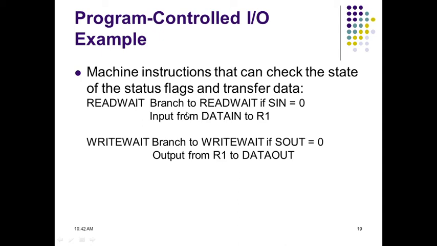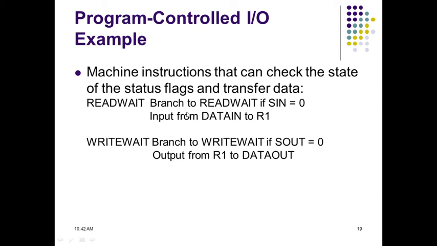So a branch operation is implemented by two machine instructions. The first instruction tests whether the status flag is set or not, and the second performs the branch.